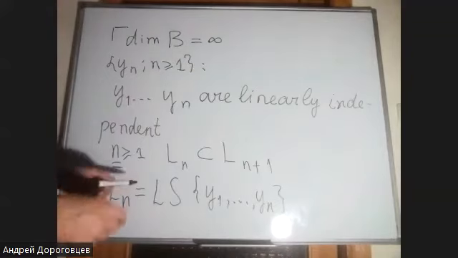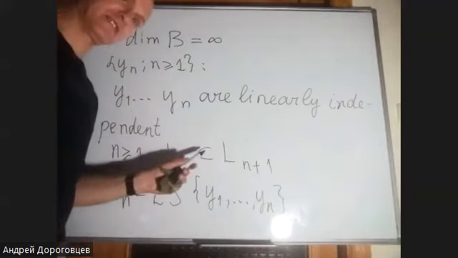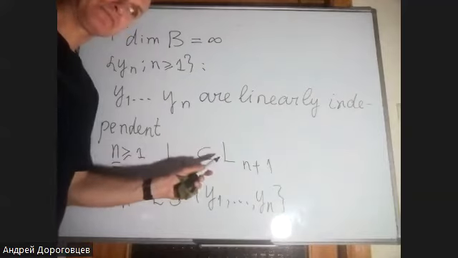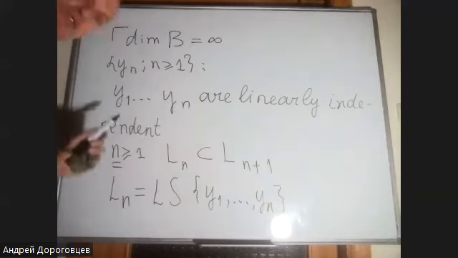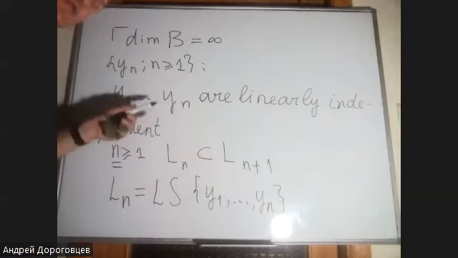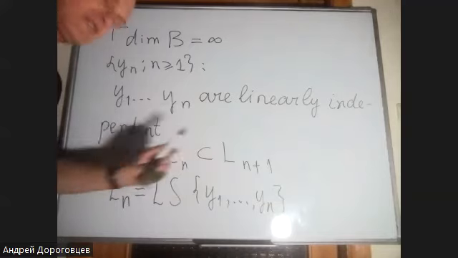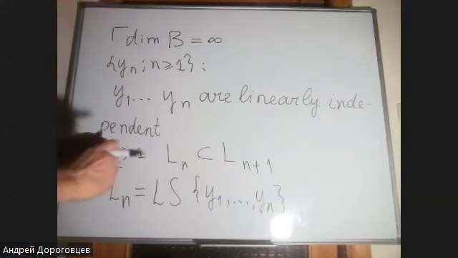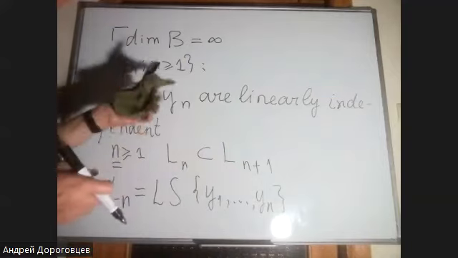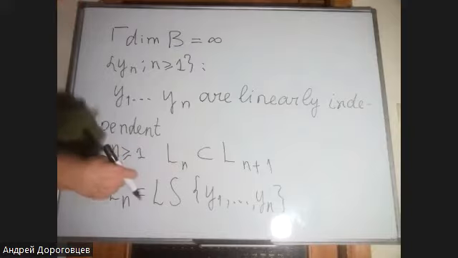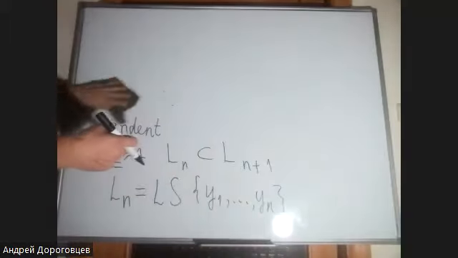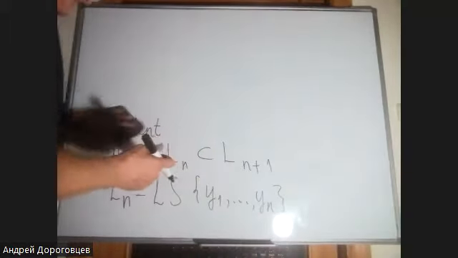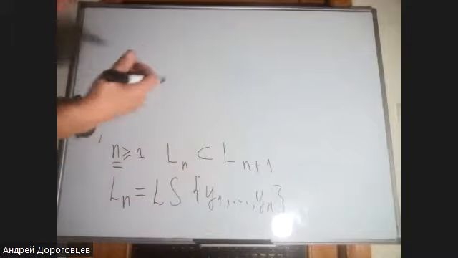Then this is a strict inclusion because of independence, and what we know is that Ln is a closed subset of this one. So I can use our previous lemma about almost orthogonality and find such a sequence due to the previous lemma.